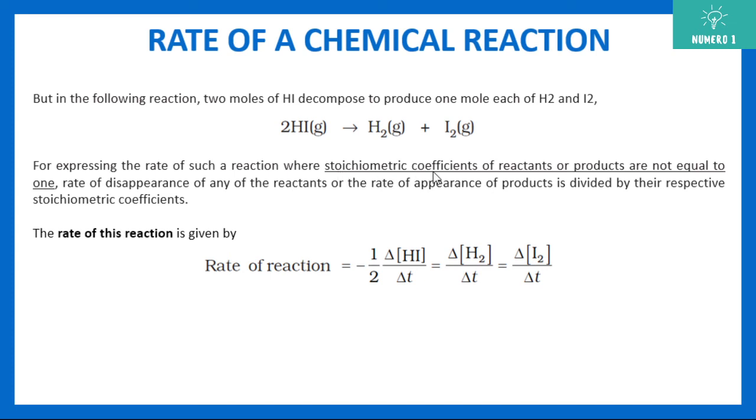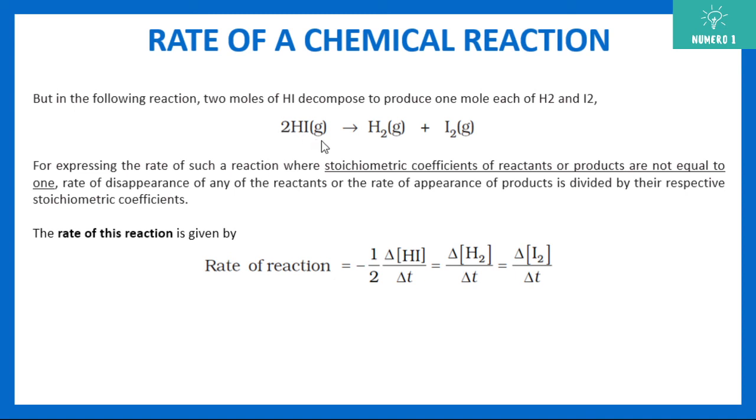For a stoichiometric coefficient of reactants or products not equal to 1, the rate of reaction will be the rate of disappearance of this, that is minus 1 by 2 delta HI upon delta T, equal to delta H2 by delta T, equal to delta I2 by delta T. Please focus on this part: two molecules were disappearing in 1 second, one molecule is appearing in 1 second and one molecule is appearing in 1 second.